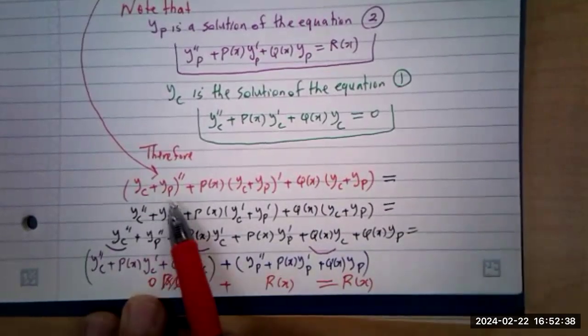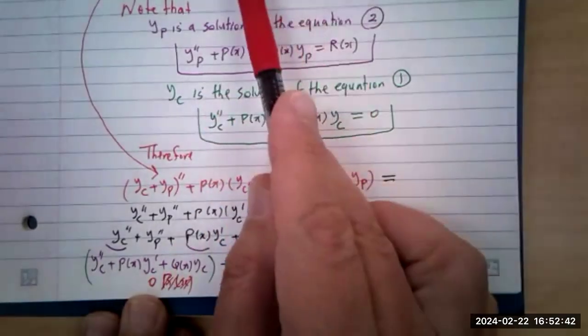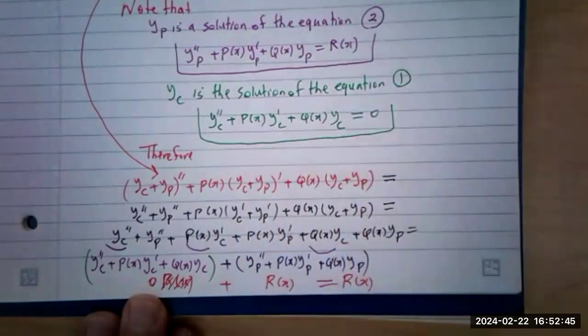So this means yc plus yp satisfies this equation we started with. This basically means yc plus yp is a solution of the non-homogeneous differential equation.